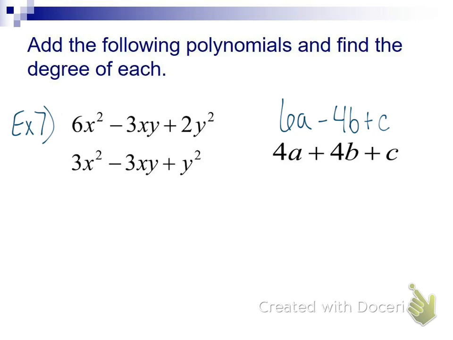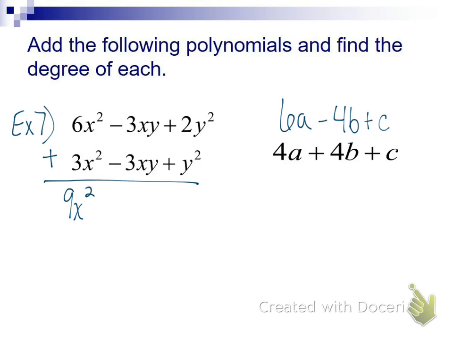Next problem up. We are adding the polynomials, so you could put a big old plus sign here. What's nice about these first few, at least, is that they lined up our like terms for us. So we could just put that big equal bar like you would have done when you were adding back in first grade, and we can just add down our columns. If we were to combine 6x squared and 3x squared, what would we get? 9x squared.